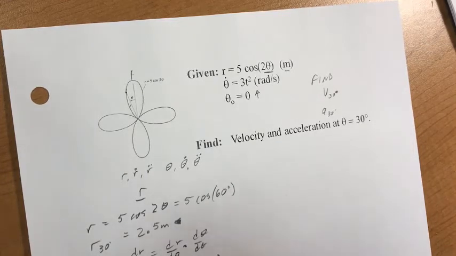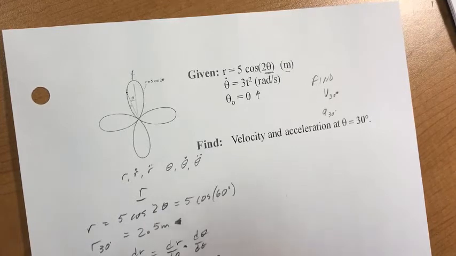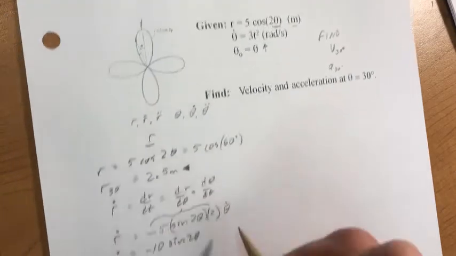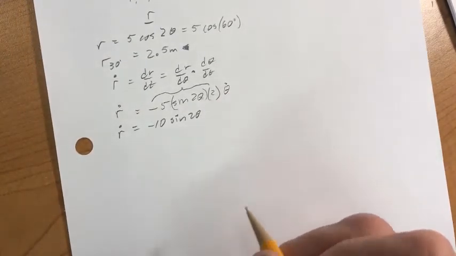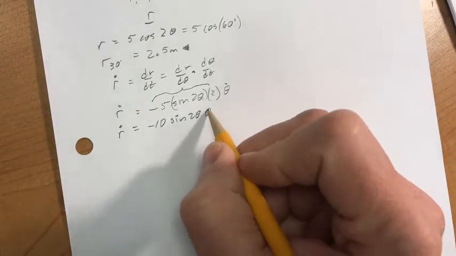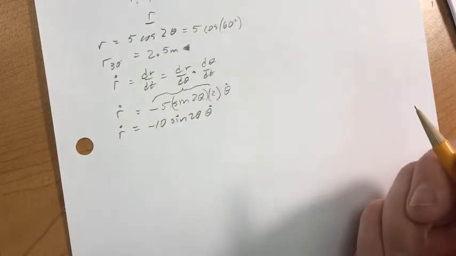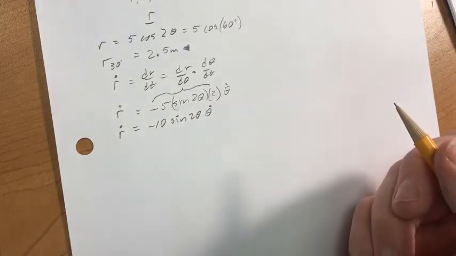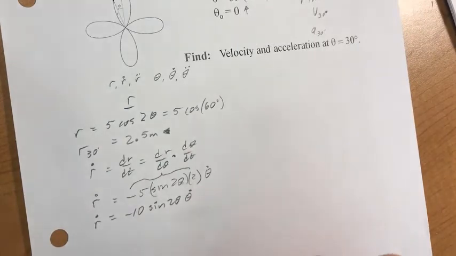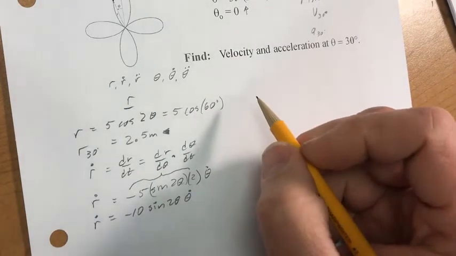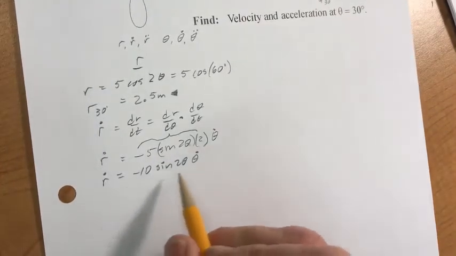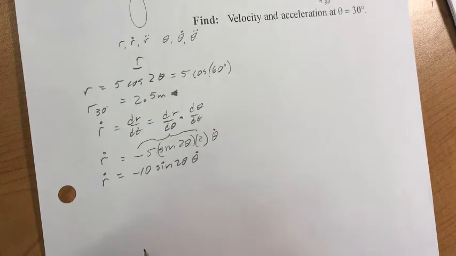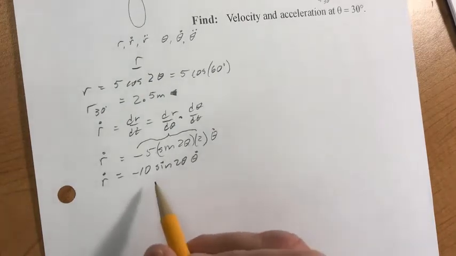I get negative 10 sine of 2 theta times theta dot, or d theta dt. Okay, so we got to stop there. We can't go further until we know what theta dot is. Well, we could go on and find this in terms of theta dot, but we can't actually find the value yet.